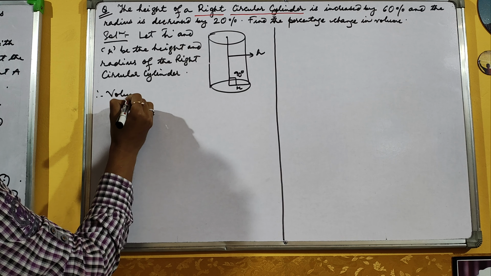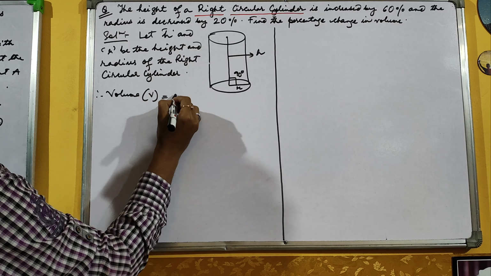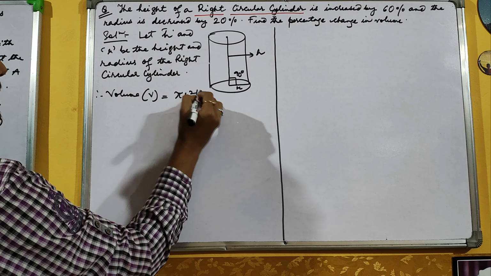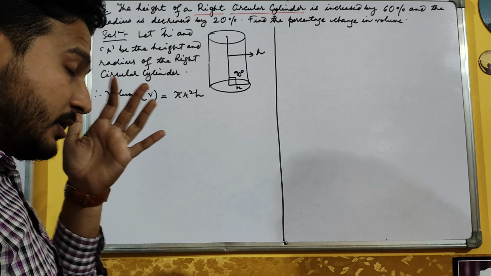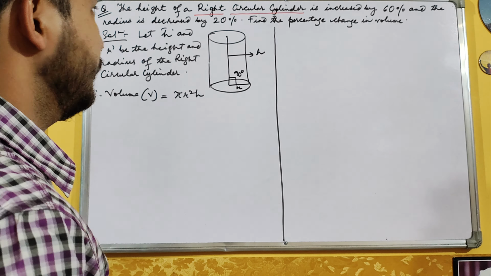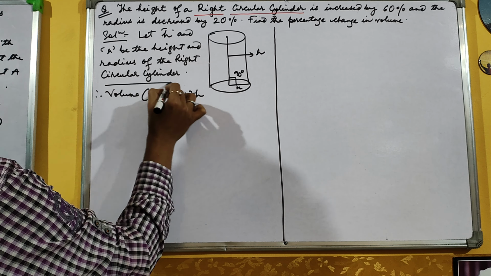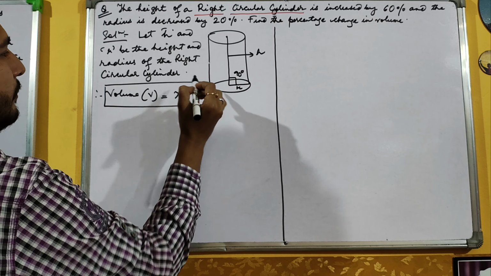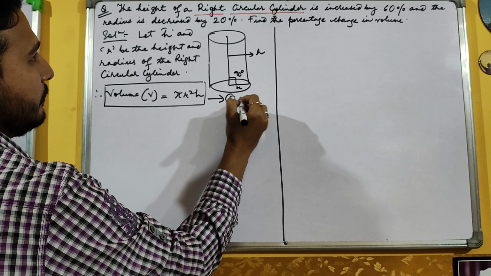Therefore volume V is equal to pi r square h. That's the original formula of volume for the right circular cylinder. ठीक है, ये वॉल्यूम का फॉर्मूला हम लोग का. Okay, let's give this as equation 1.